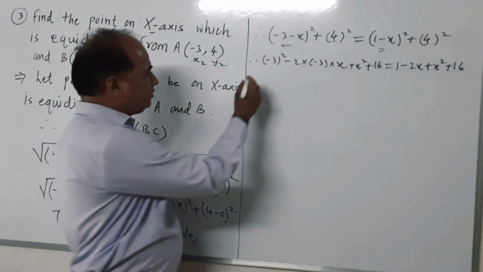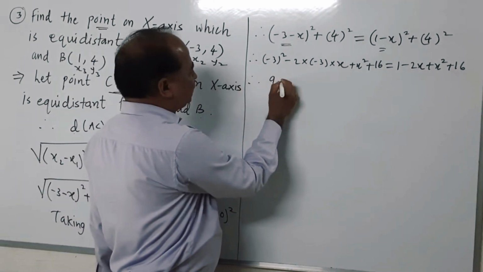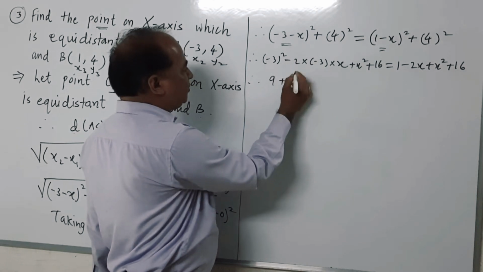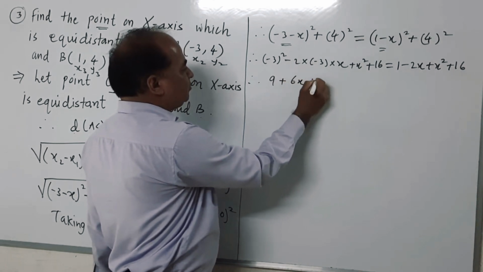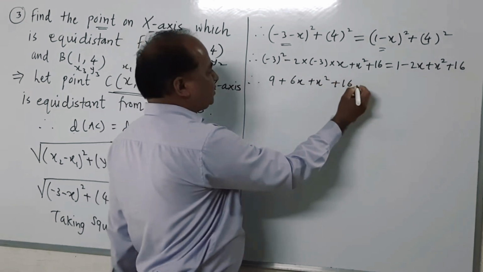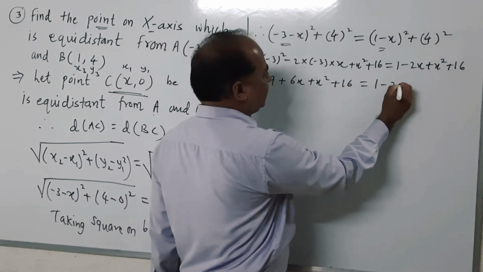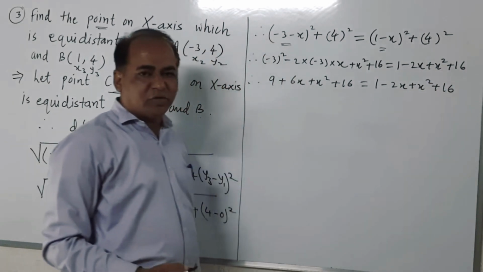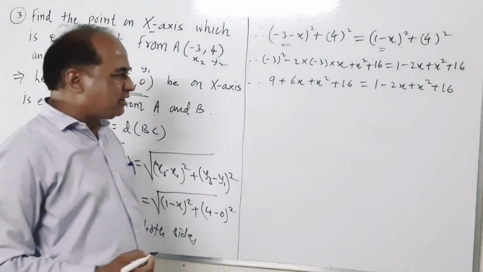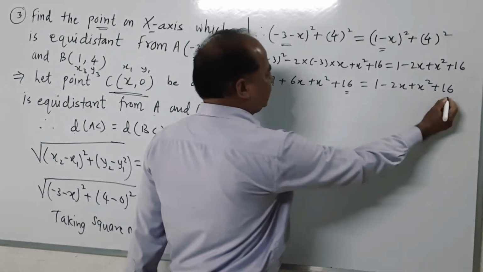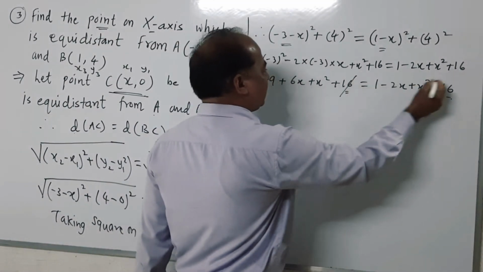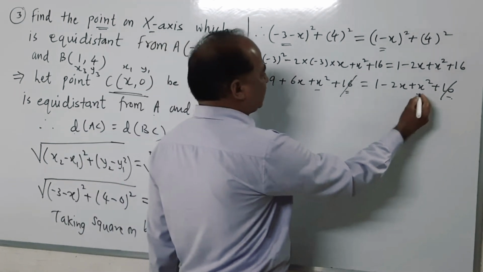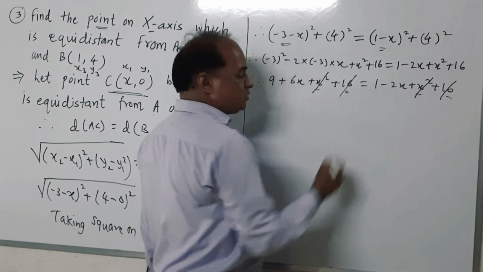Simplifying, 3 square is 9, and minus into minus becomes plus 6x, plus x square plus 16 is equal to 1 minus 2x plus x square plus 16. The like terms 16 and x square are the same on both sides, so they cancel.